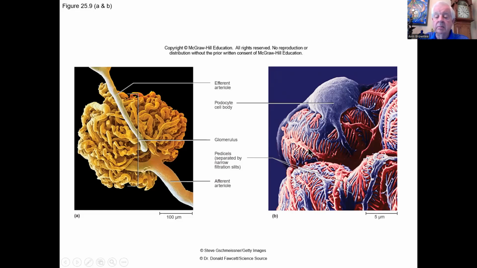So anything that comes out of the capillaries can easily go into the space between the podocytes. Now here is a nephron that has been dissected out. This is the afferent arteriole leading into the capillaries, and this is the efferent arteriole leading out.